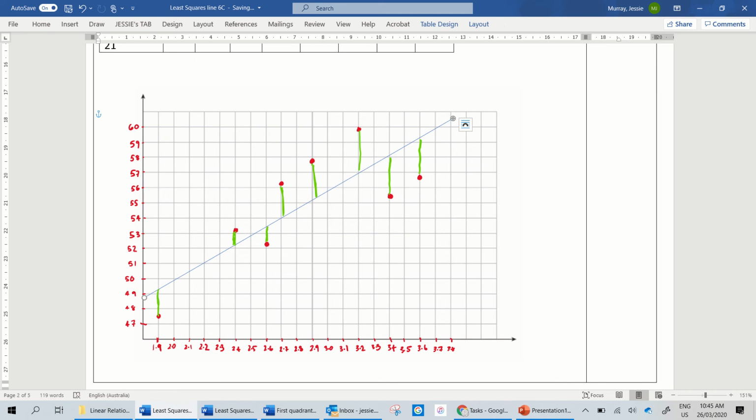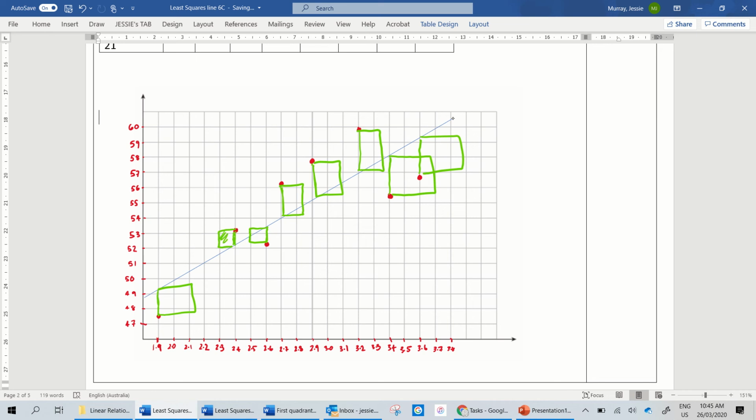They went a bit more accurately and said, if I make these all squares, so it's kind of like an area, what would be the smallest total area I could have in squares? Some of these are going to overlap. Hence it's called least squares regression.